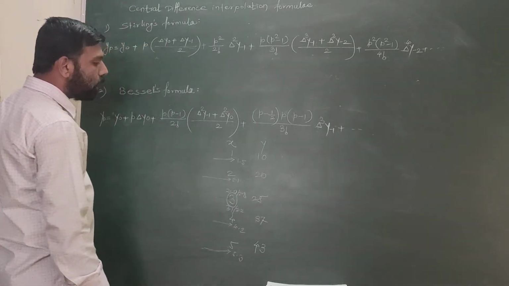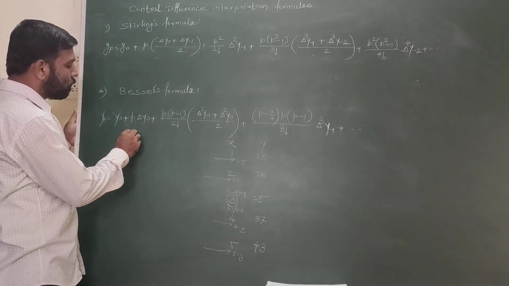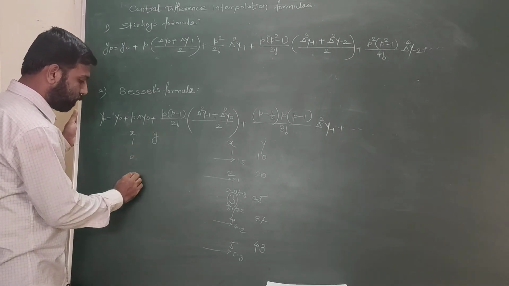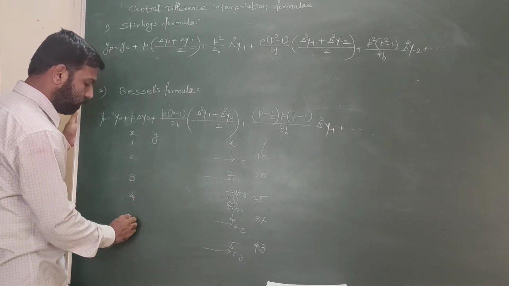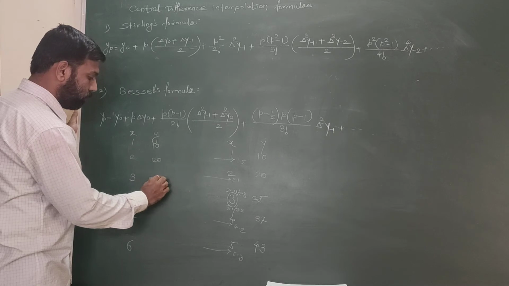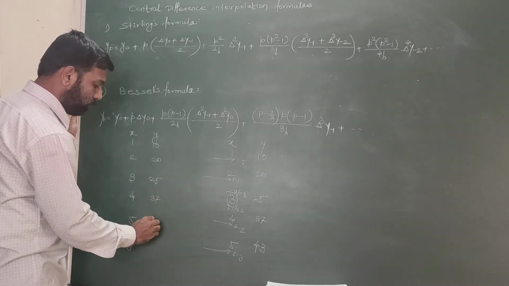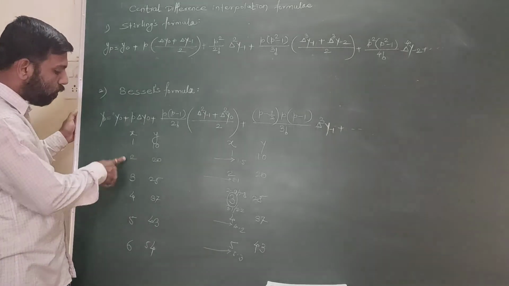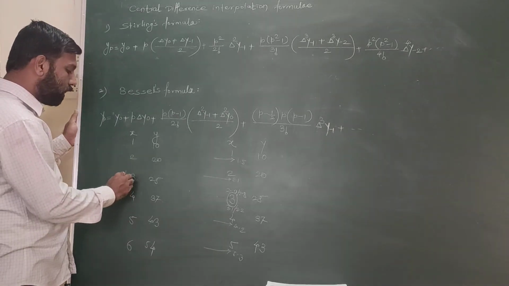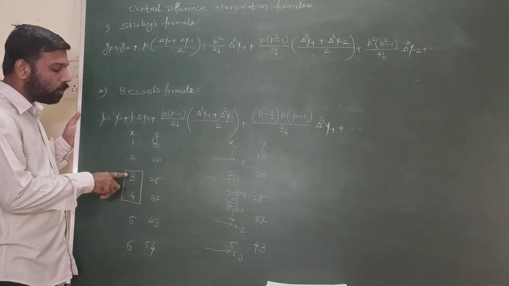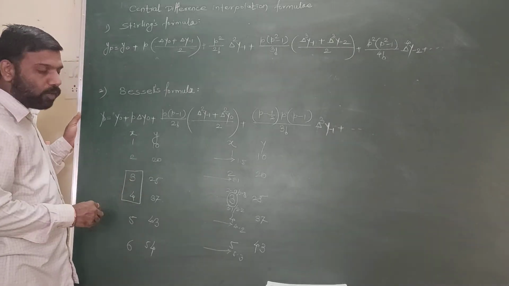Now this is for odd entries. If we have even entries, suppose we have an even number of entries, then there are two central values, 3 and 4, or any two central values.